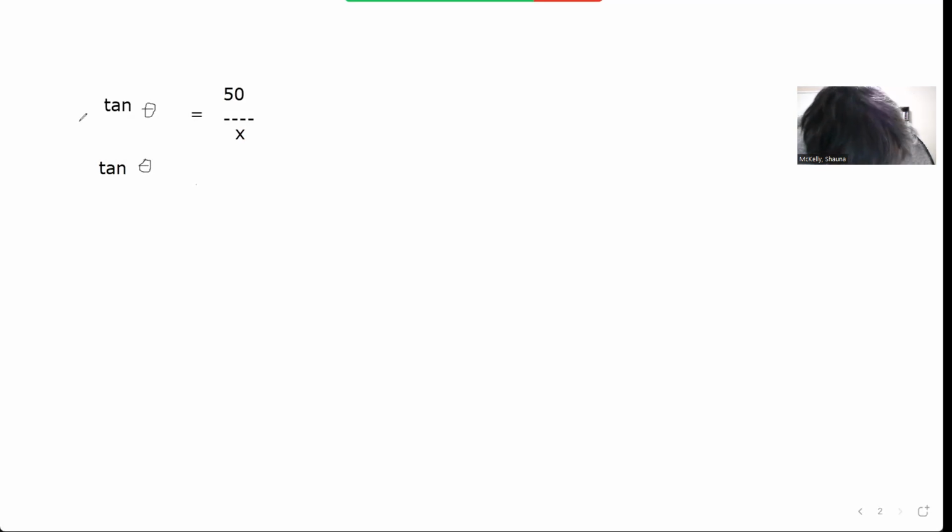And I'm going to rewrite the right-hand side as x to the -1 power. Because remember, x in the denominator is like 50x to the negative 1. Now, what that's going to allow me to do is differentiate both sides of this with respect to time.